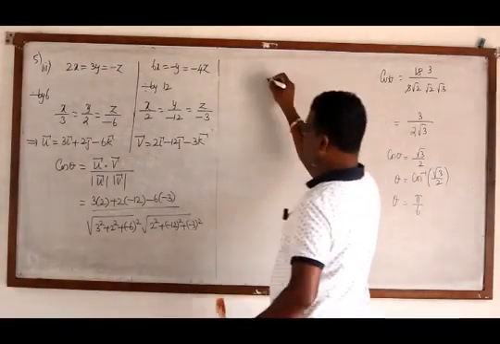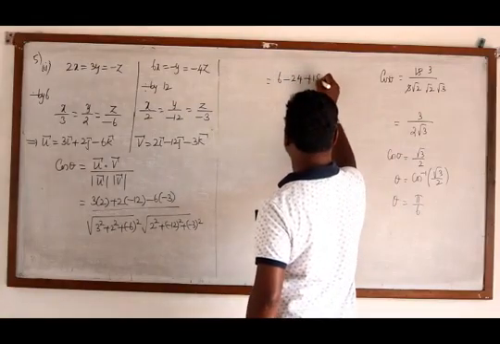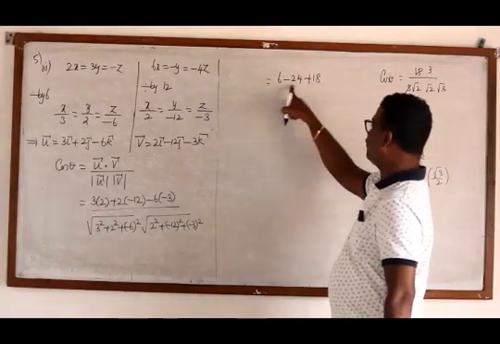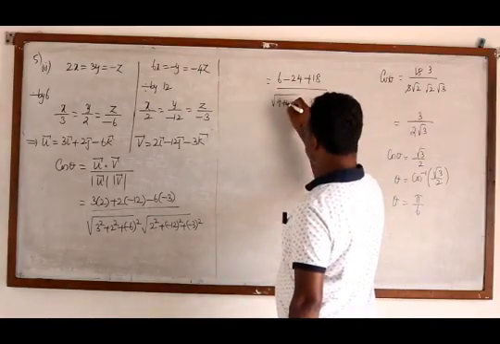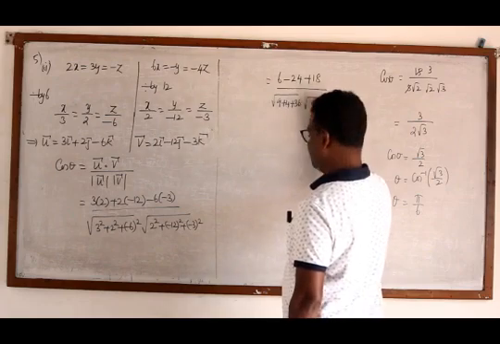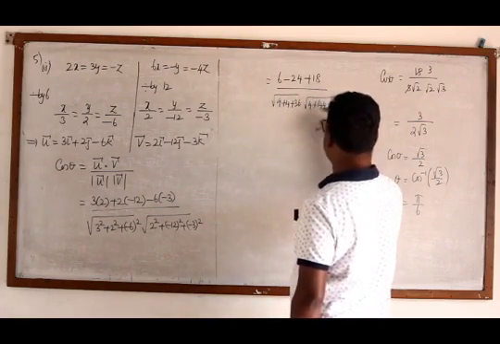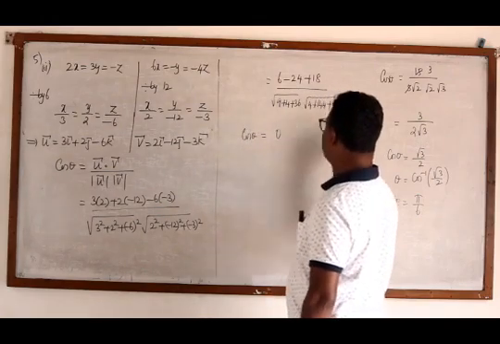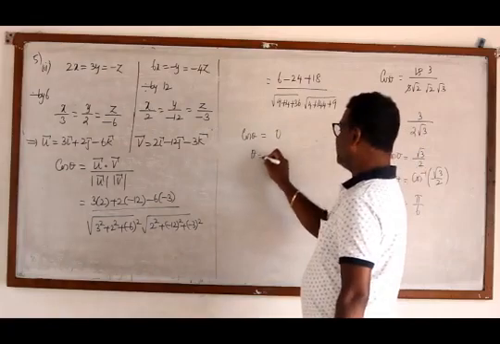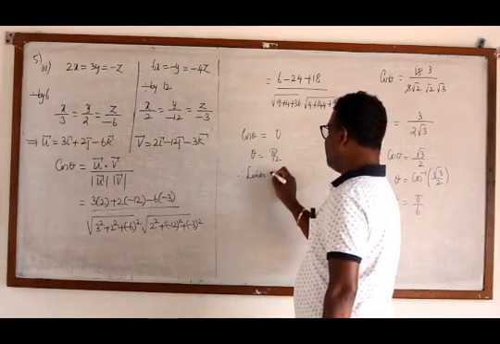When you multiply, it is 6 minus 24 plus 18, 18 plus 6 is 24, minus 24. So it is root of 9 plus 4 plus 36, root of 4 plus 144 plus 9. All these things are useless because cos theta is 0. 0 by everything is 0. Therefore, theta is 90 degrees. That means the lines are perpendicular.